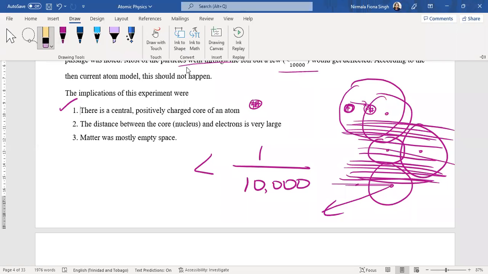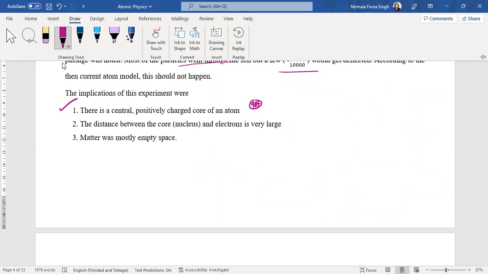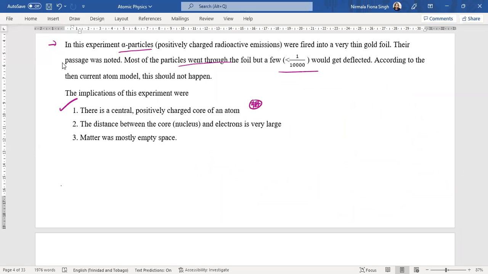There are a few analogies for that distance, but I'm going to use a distance that you all know or can appreciate. If your nucleus is the size of you, I know everybody here is a little different size, but about the size of you. Suppose you are the nucleus.